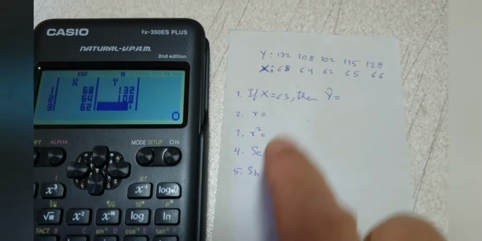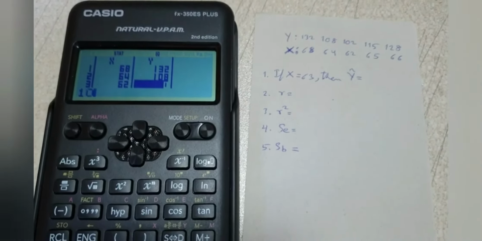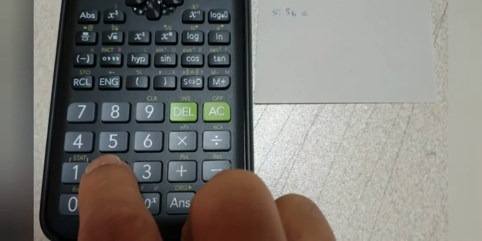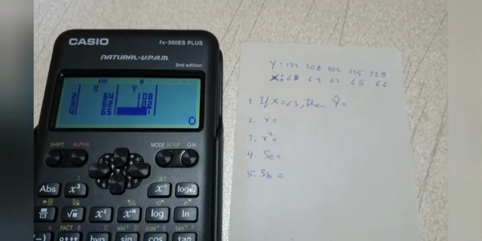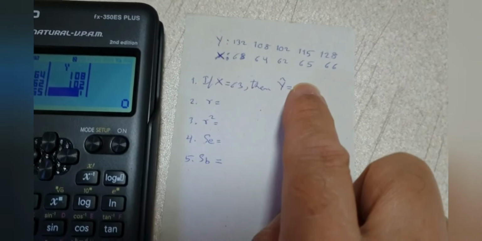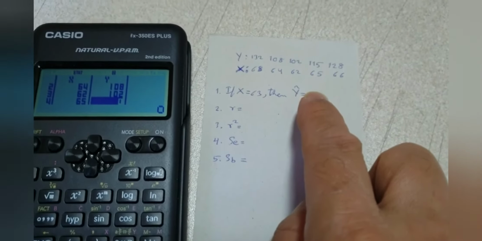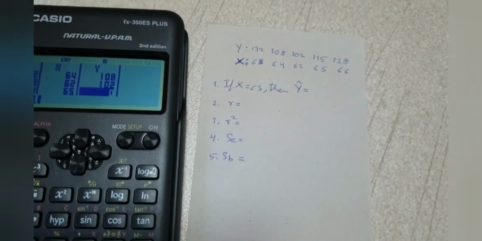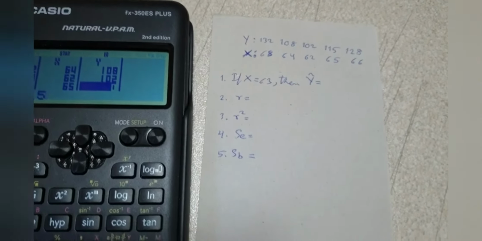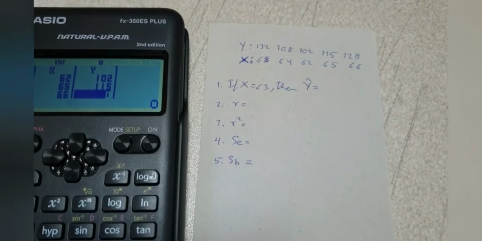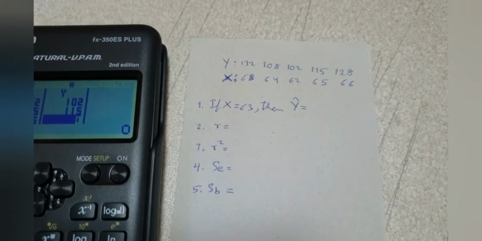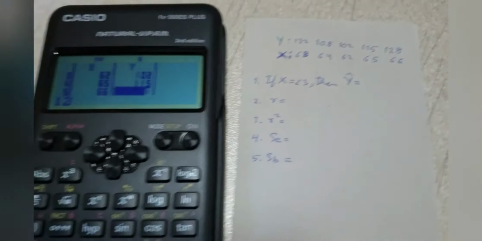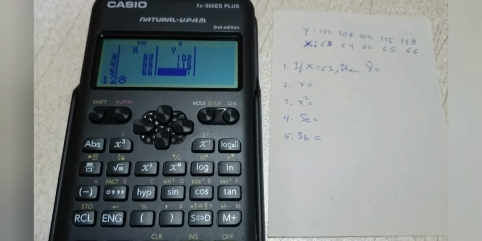Y3, 102 equal to. Y4, 115 equal to. Y5, the last one, 128 equal to.